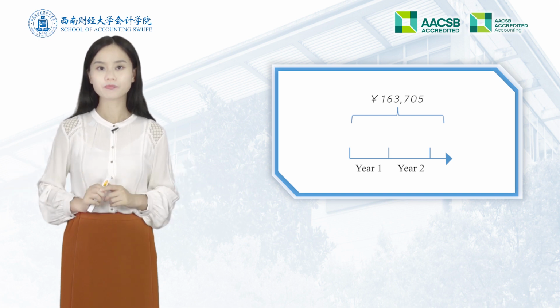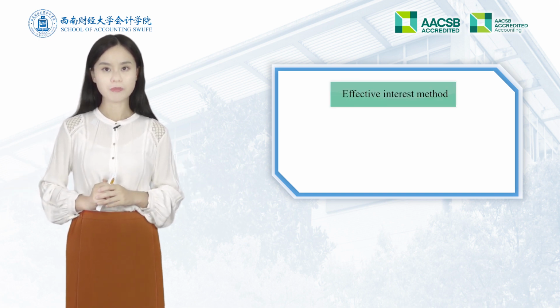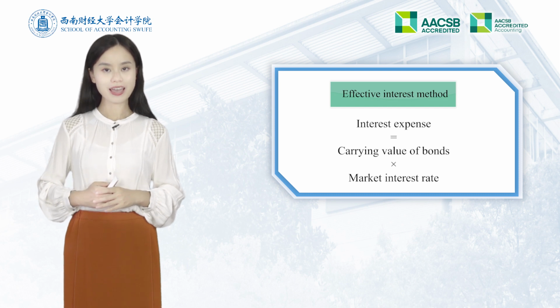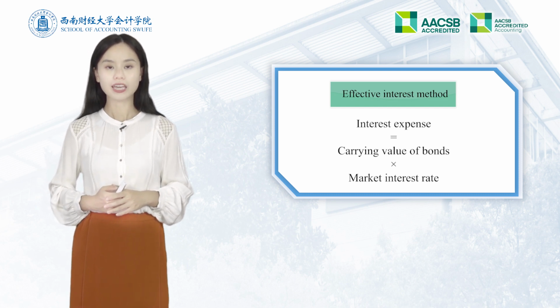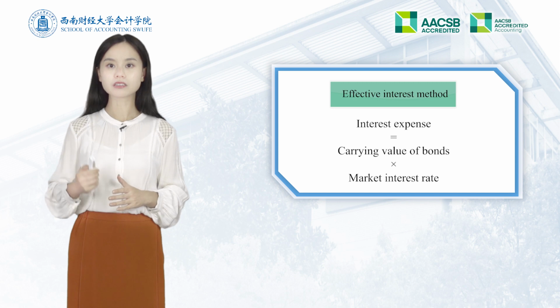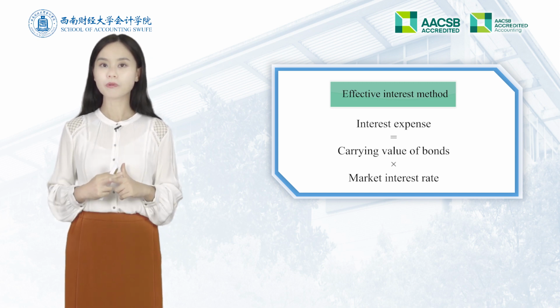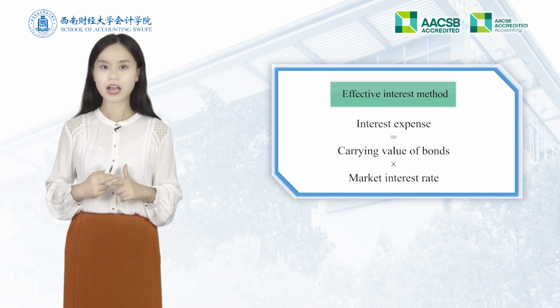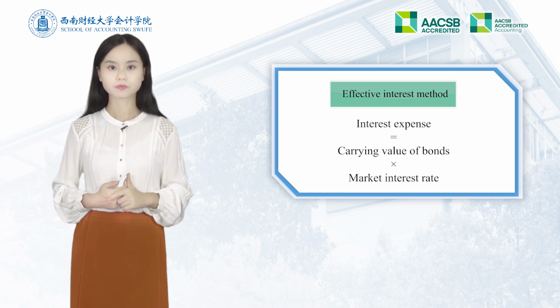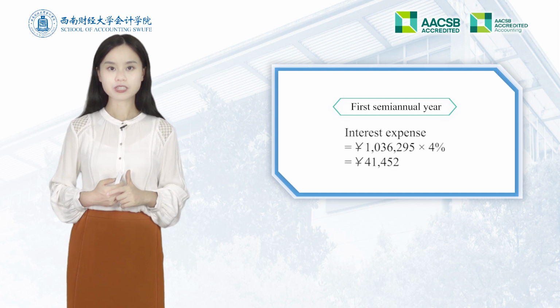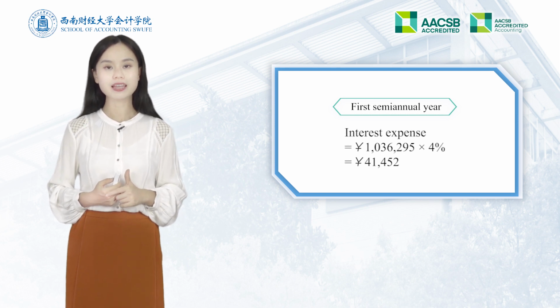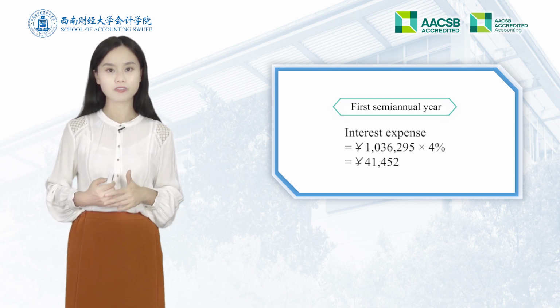We need to allocate the total cost of borrowing, or total interest expense, over the 4 periods in the bond's life. Under the effective interest method, the interest expense for a period equals the carrying amount of the bond at the beginning of that period multiplied by the market rate when issued. For the first period, the interest expense is calculated as follows.